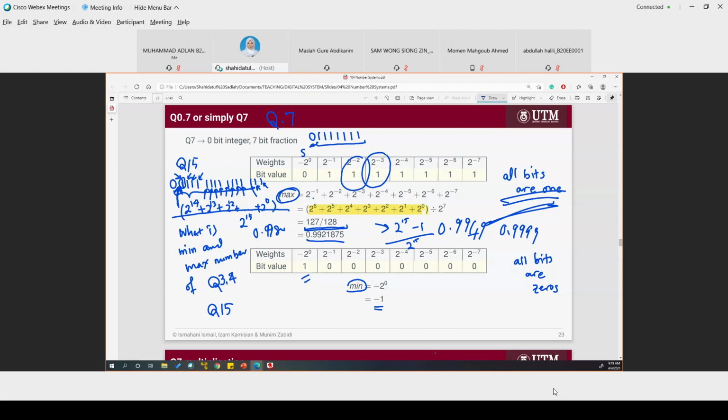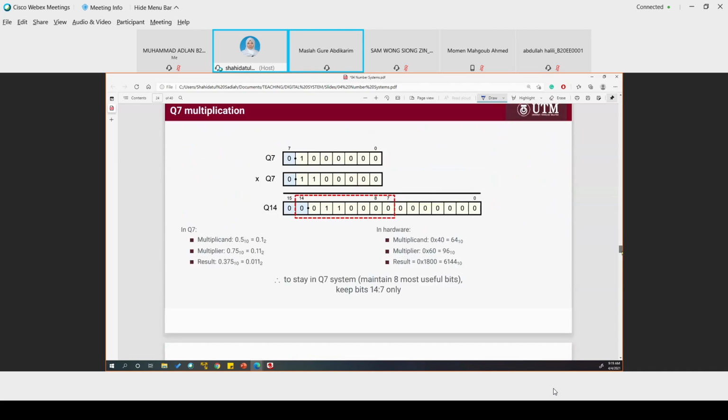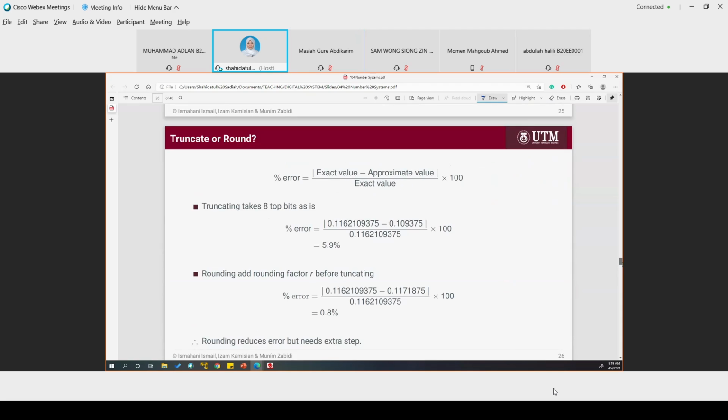Another 9. So 69 of this. Of course, there will be a difference in the representation, because that will be the error that we will learn later.